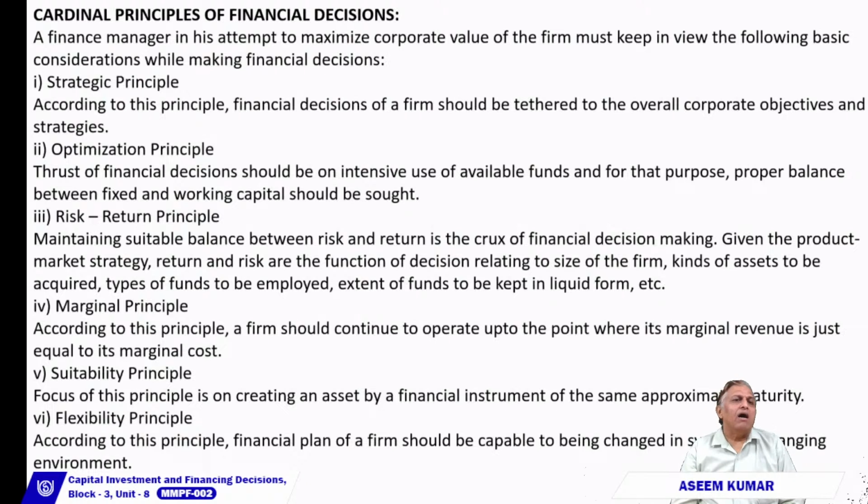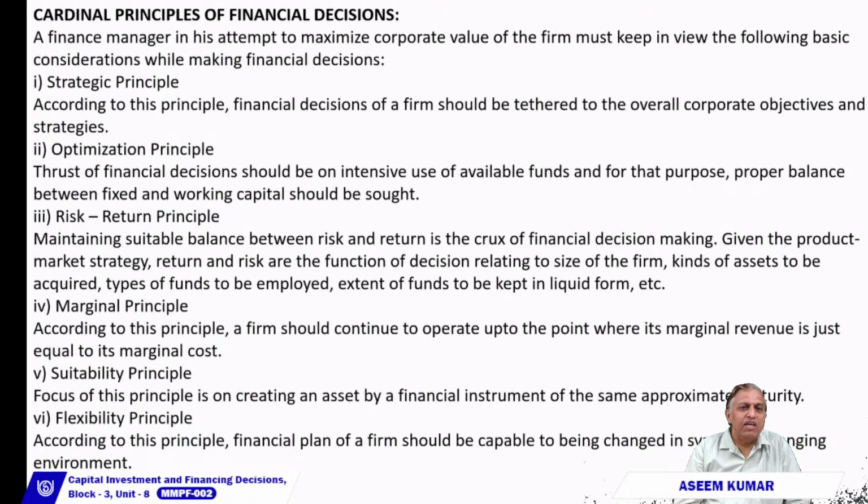Let us look at the cardinal principles of financial decision. A financial manager, in his attempt to maximize the corporate value of the firm, must keep in view the following basic considerations while making financial decisions. First one is the strategic principle.